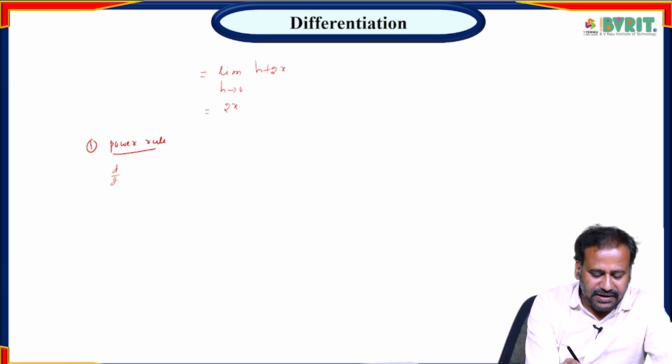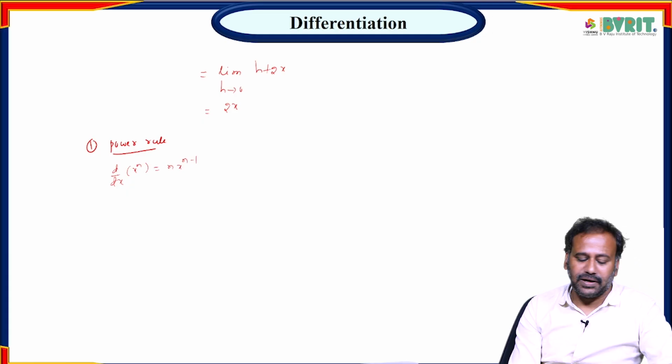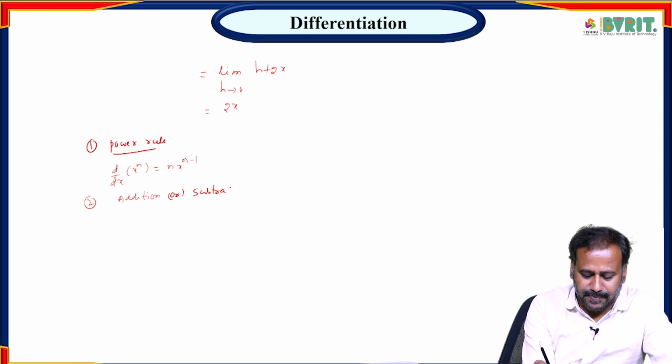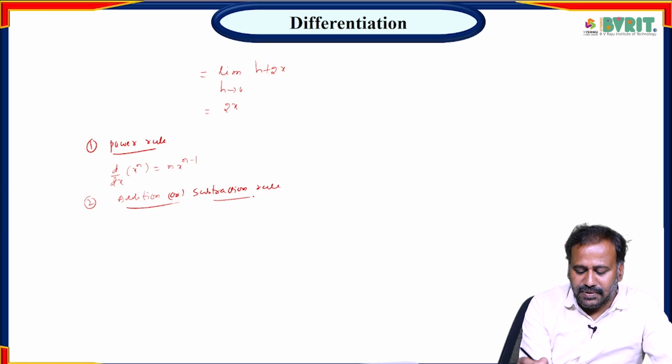Already I have written there, d by dx of x power n is equal to n into x power n minus 1. Next we are having the addition and subtraction rule. If you have two functions, I am taking two functions u and v, both of them are functions of x only.